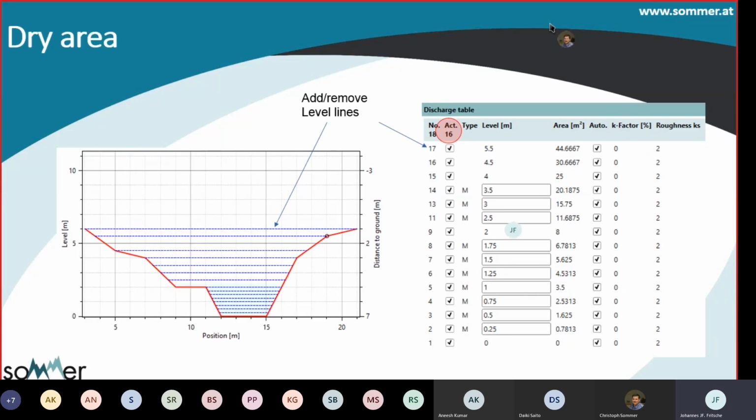And then your discharge table is actually ready, or you have to adjust the K factors or roughnesses. And when you're done with that, you're ready to upload your discharge table to the instrument, to the RQ sensor.